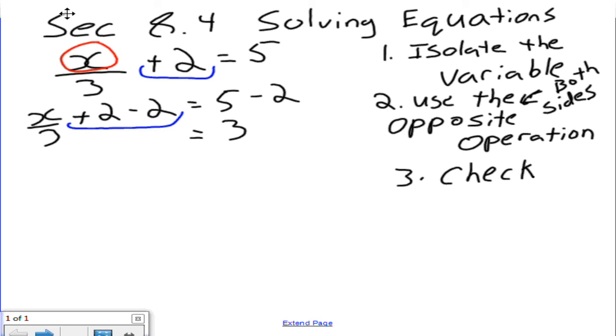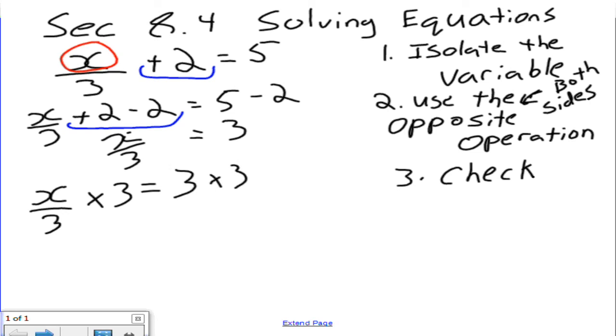So I am left with x over 3 equals 3. To get rid of divided by 3, I need to multiply by 3. So it becomes x over 3 times 3 equals 3 times 3.